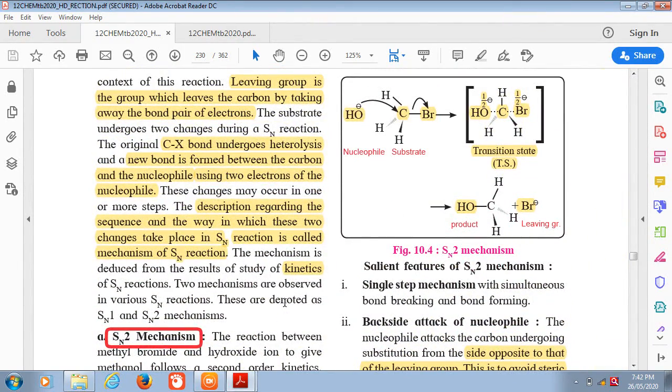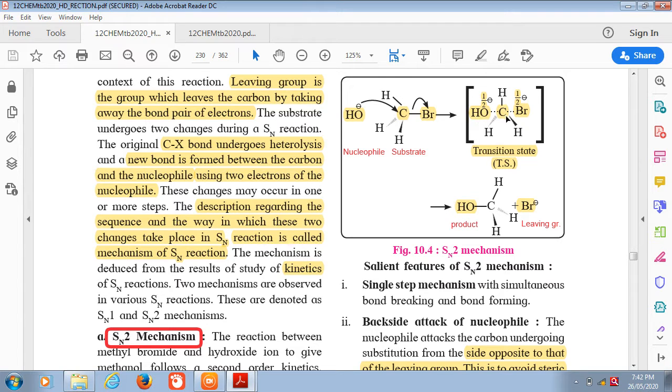So there is a simultaneous attack of the nucleophile as well as breaking of the carbon-Br bond. When your nucleophile attacks the carbon of your substrate, at the same time the carbon-Br bond undergoes partial cleavage. So if you observe the next step, there is partial bonding between carbon and OH, and at the same time partial breaking of the carbon-Br bond.